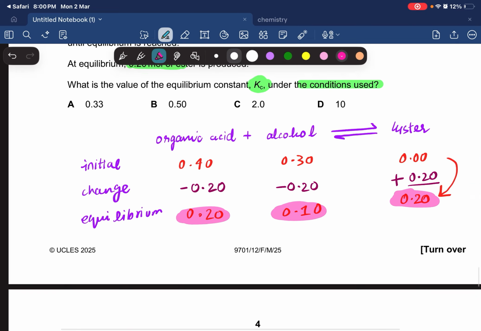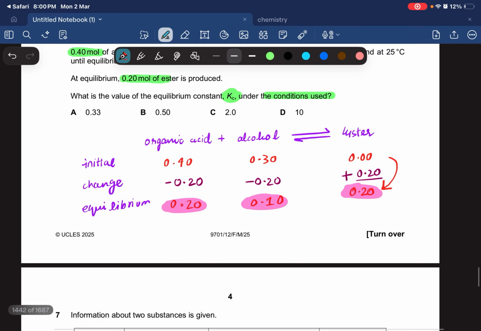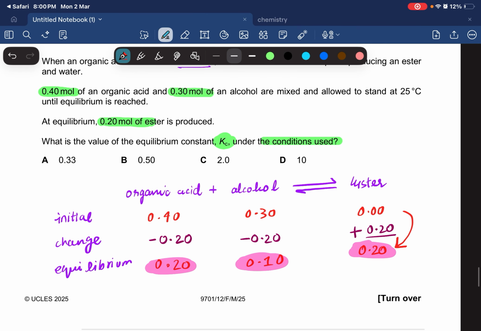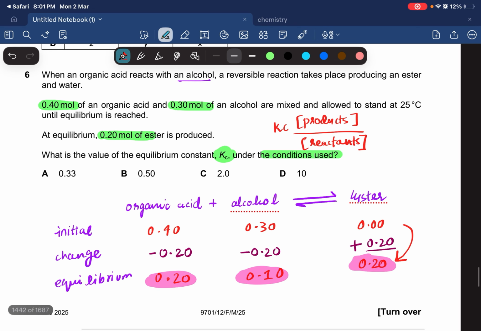Now what's going to be the Kc expression? For the Kc expression we write the products on the top. So Kc is the concentration of products divided by the concentration of the reactants. Okay, so over here we are not given the volume. Since we're not given the volume, we cannot figure out the concentration, so we're going to consider moles to be the concentration because we can consider that we have 1 dm cube of volume.